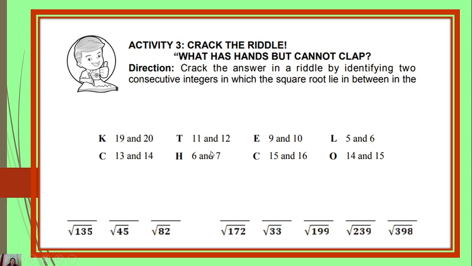So this is in opposite of activity number 2. So dito, identified na yung dalawang principal root. Ang hinahanap mo ngayon dito is yung kanyang radicand na irrational. Okay, let's say 7 and 6. Ang 6 ay 36. Tama?